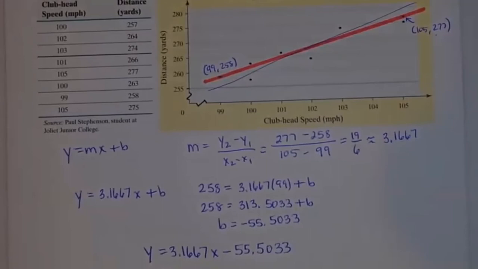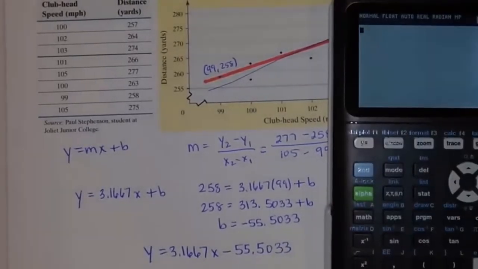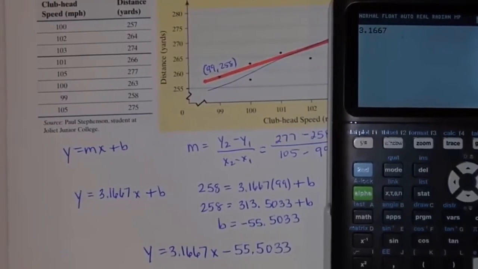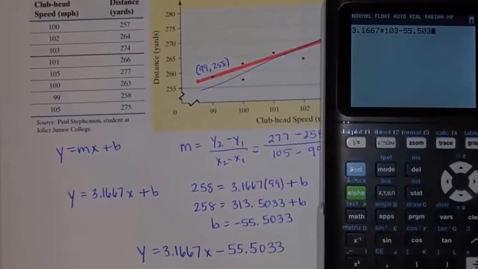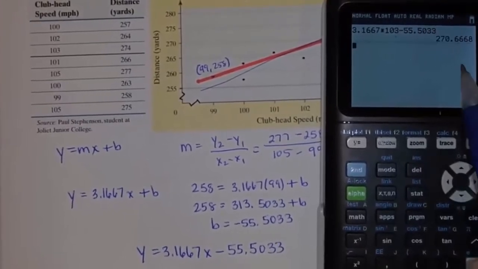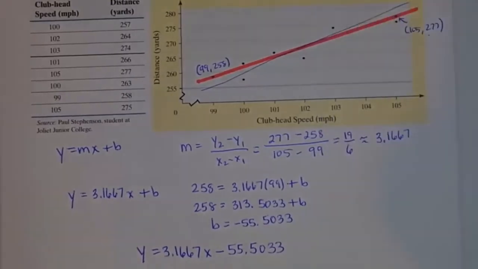So if the bear is 103 centimeters long, then my equation would predict that it would weigh 3.1667 times 103 minus 55.5033. So that would be 270.6668. So I'm going to say 270.7. I'm going to round that to one place.